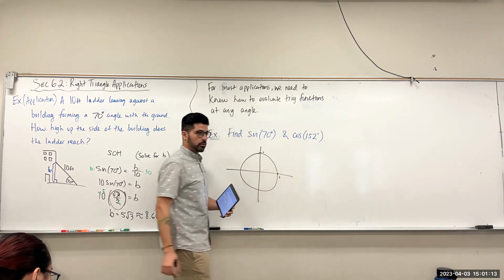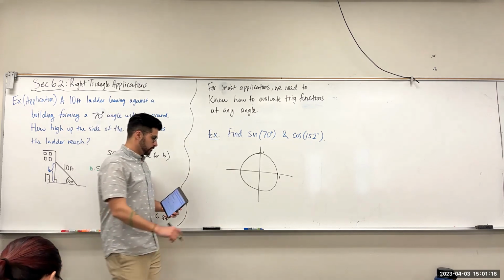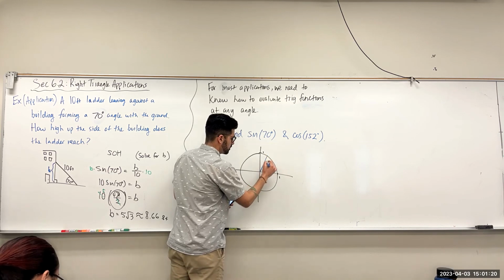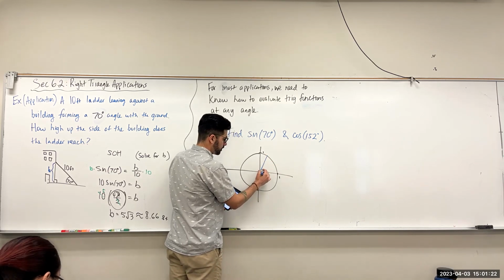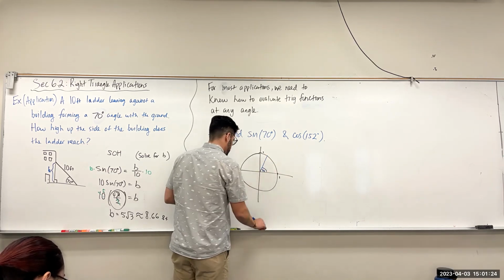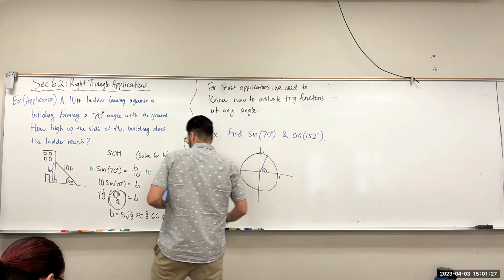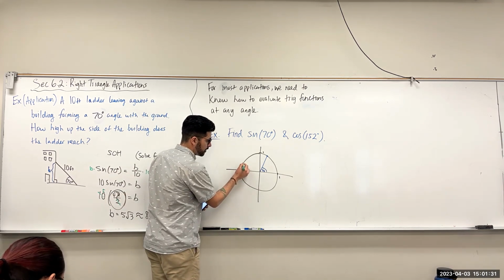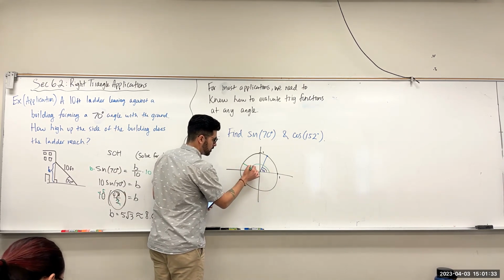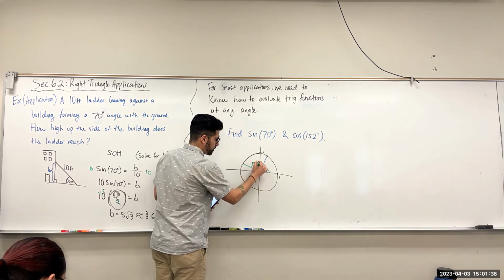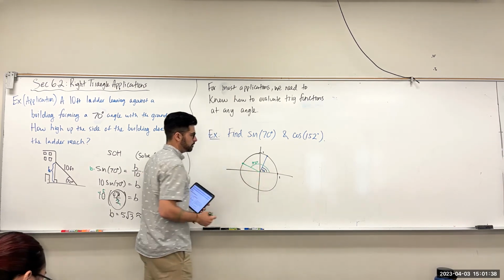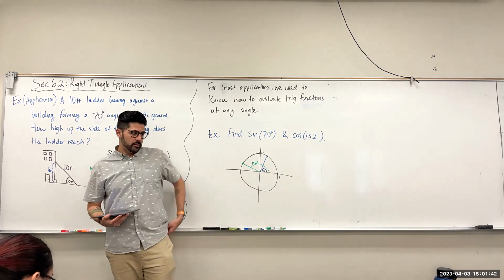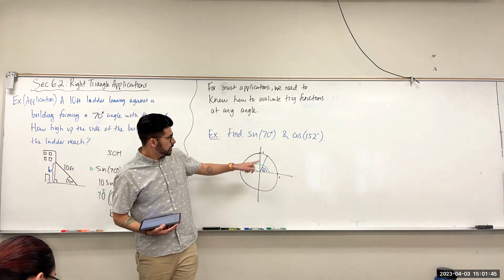Again, back to the unit circle. 70 would be somewhere here, and 152 is very close to 180, so it'd be somewhere here. This is 152. And so we can estimate what it might be.